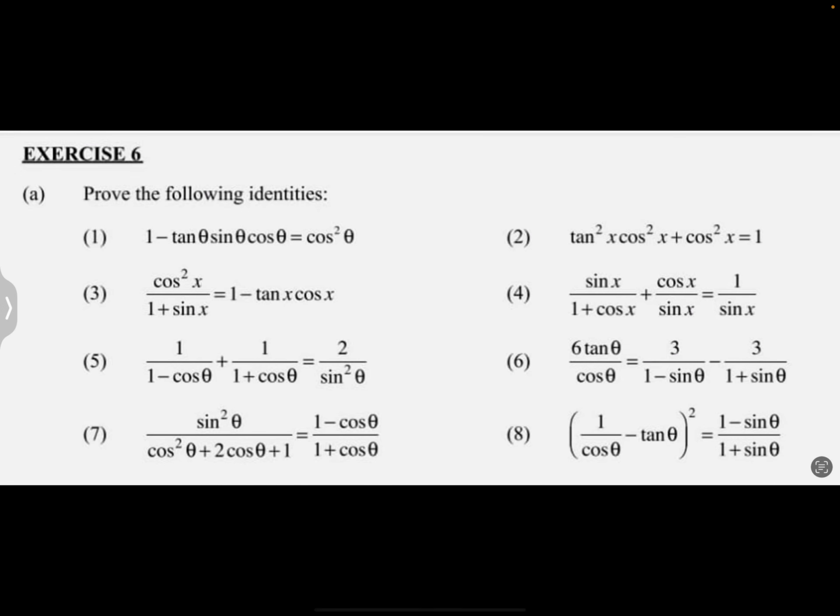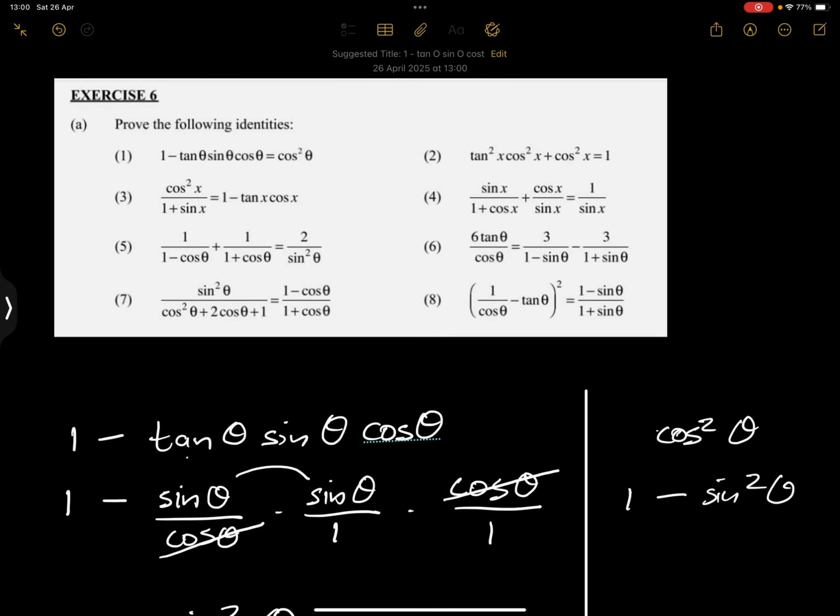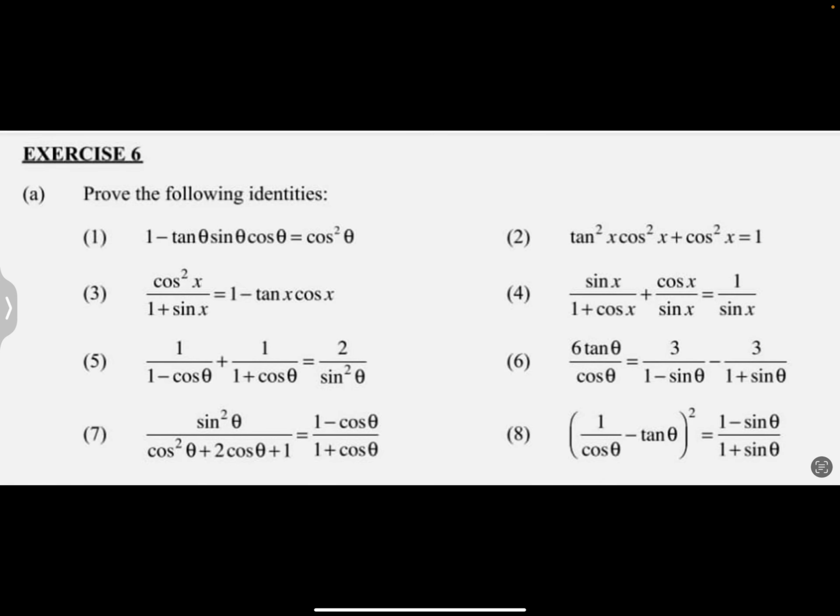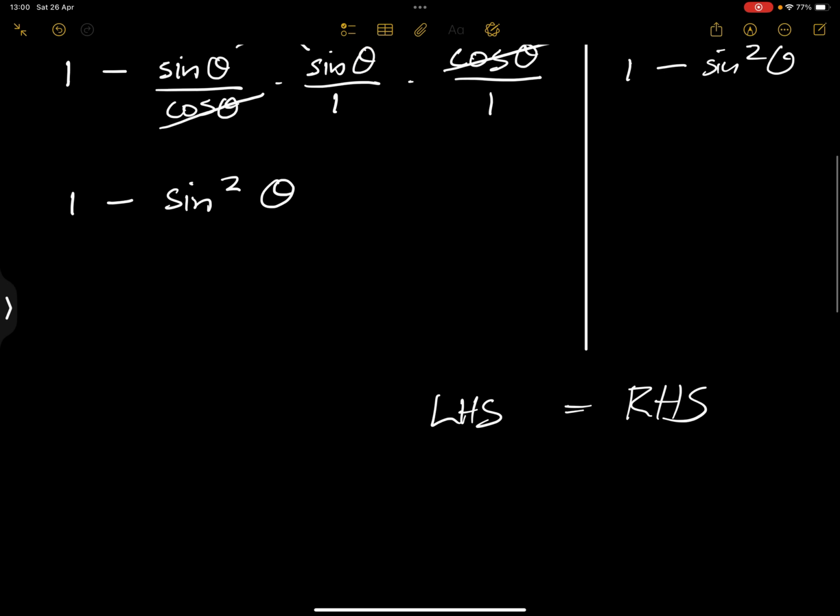Before you start with this one, try to do it on your own and let's see if you get the answer correctly. Now we've got tan squared of x, cos squared of x plus cos squared of x, and they want us to prove that this is equal to 1.